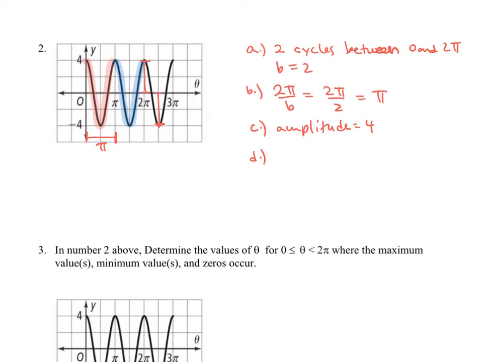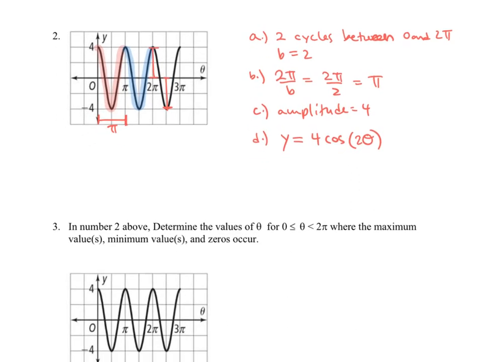And we know it's not reflected because it starts up high at a maximum point rather than flipping upside down and having the y-intercept be a minimum point. So it's not reflected about the x-axis, and we're not going to make the a value negative. So we get y equals, the amplitude is going to be positive 4 because we have no reflection, cosine of 2 theta.